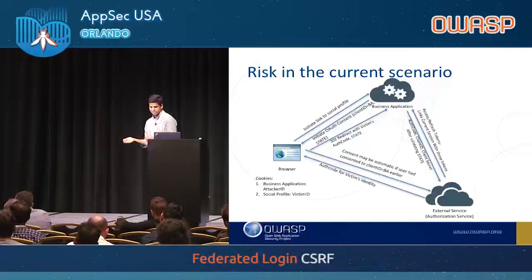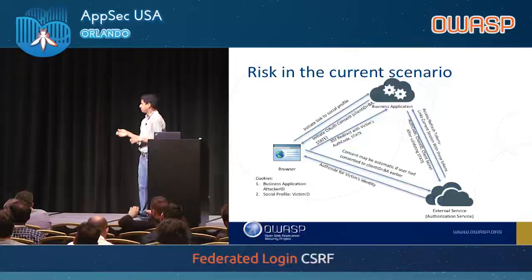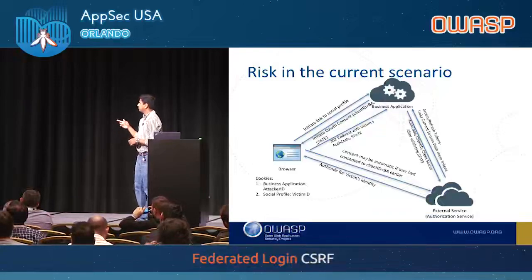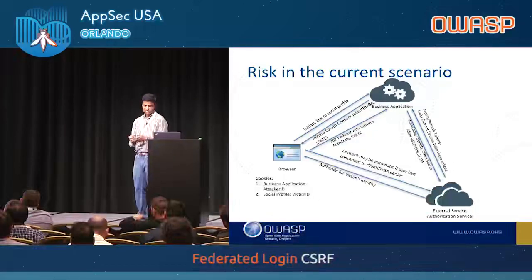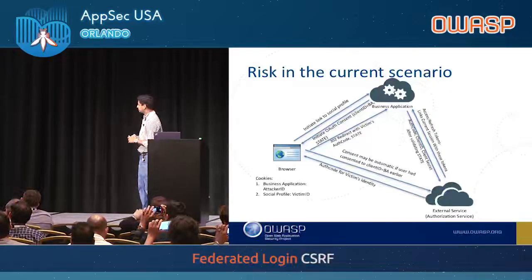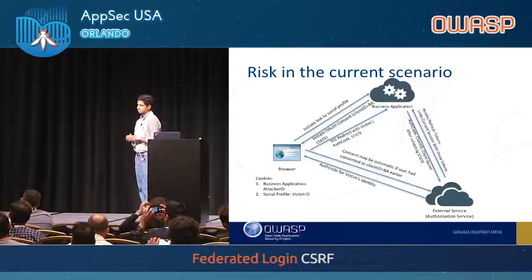And if this is an automatic consent, then the browser would just automatically redirect with the auth code for the victim identity, send it back to the business application, where now, since it's using the recommended state parameter, the business application would validate the state is correct and then exchange the auth code for an access token, and then link this with the current logged in user. In this case, the current logged in user is the attacker.